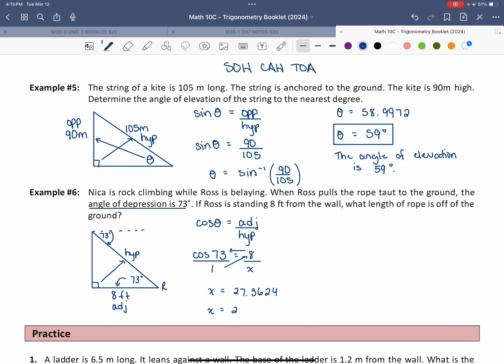So let's say 27.4 feet. And then lastly, write a statement. So 27.4 feet of rope is off the ground.